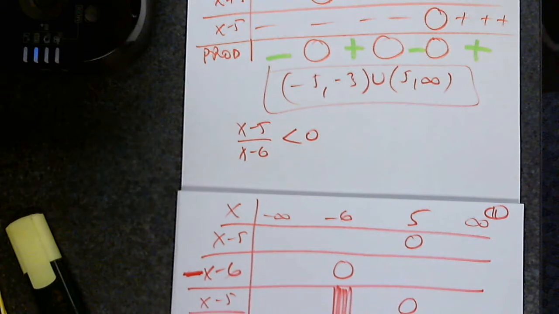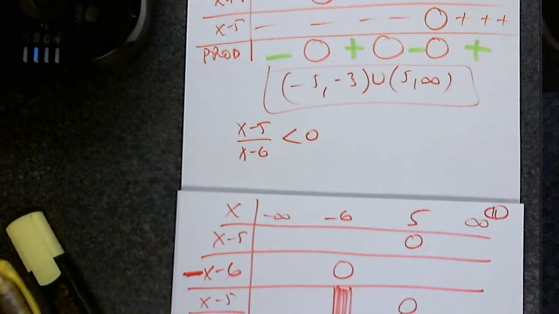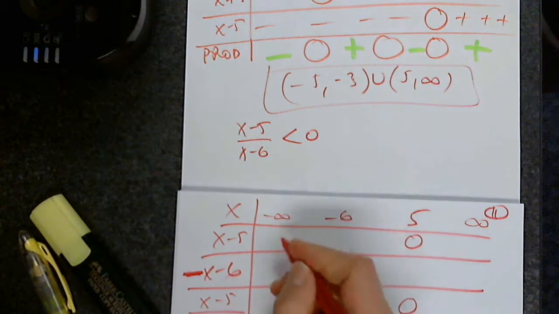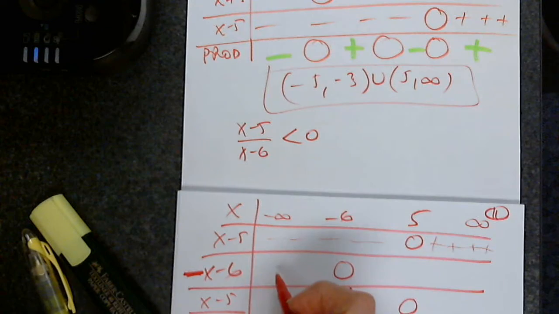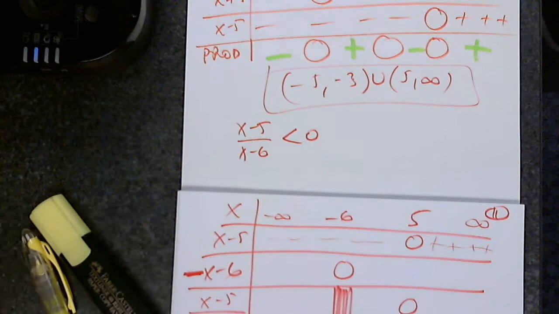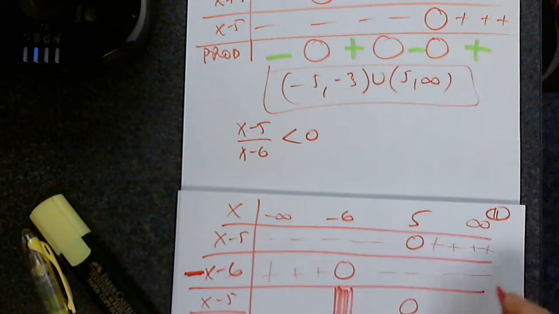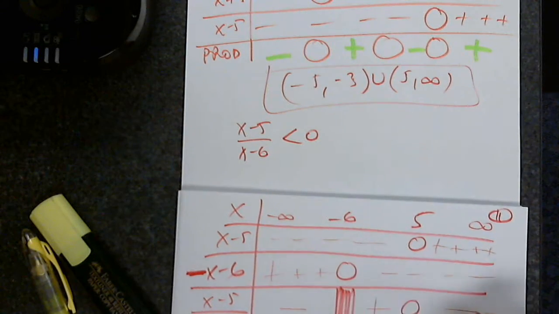Since I made that change, now everything will change here because this is indeed negative to positive, but this one has a negative leading coefficient, so the line will look like this. It's coming from positive and going to negative. So this is negative, positive, and negative.